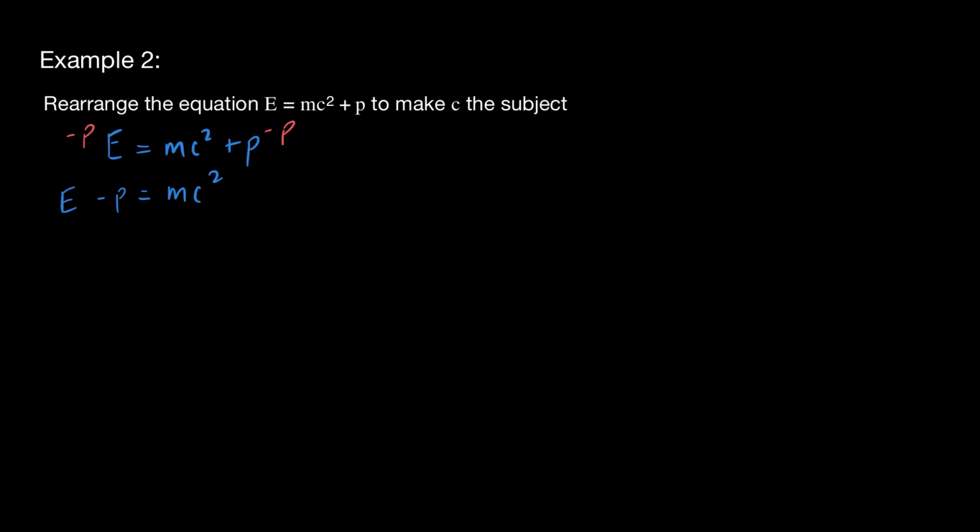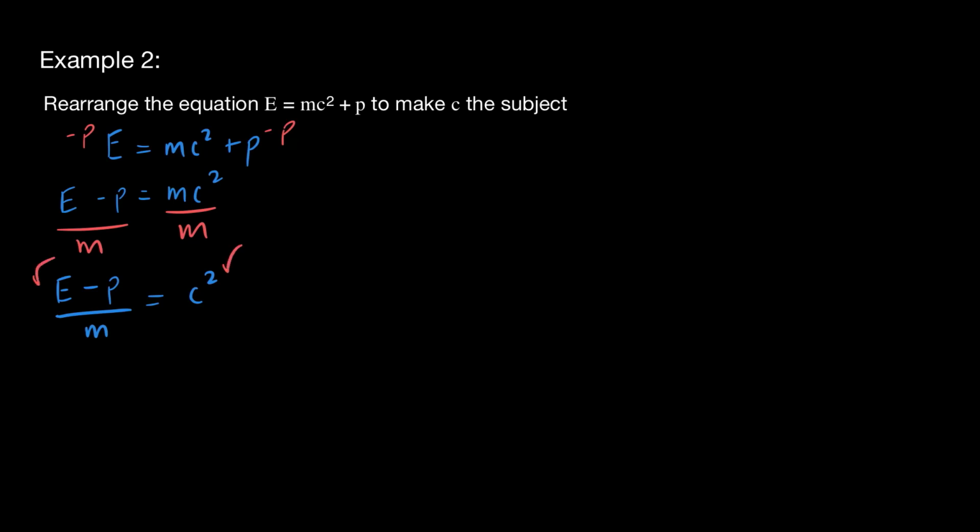e minus p. Now, to remove that m, I'm going to divide both sides by m. So that'll equal e minus p all over m is equal to c squared. Now I need to get c by itself. So the inverse of squaring something is to take the square root.